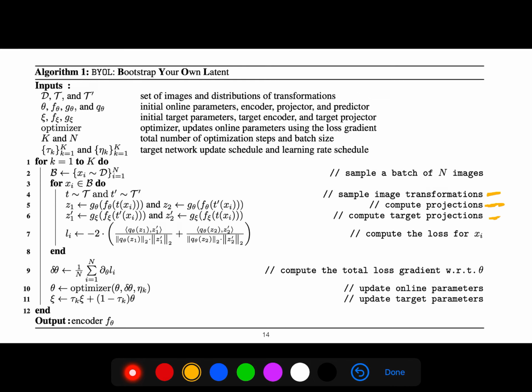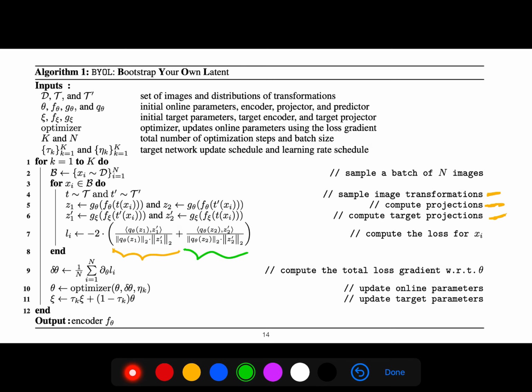Then we can compute the target projection, and the loss in one of the slides was just one of them, but in the implementation, if you look at their GitHub page, you will see that they also add another term in order to make it more symmetric.